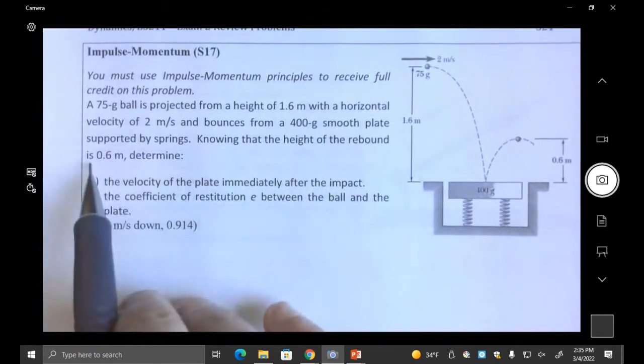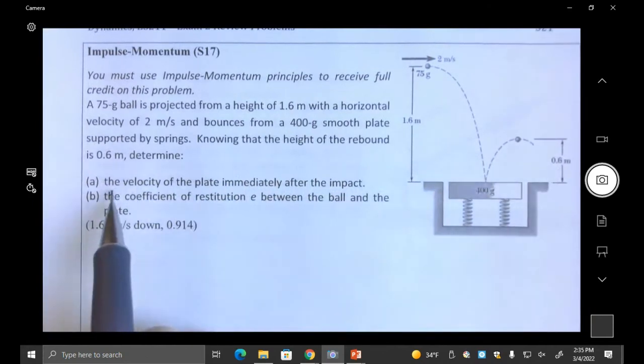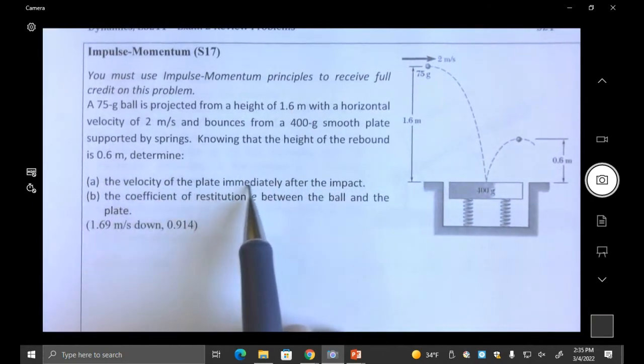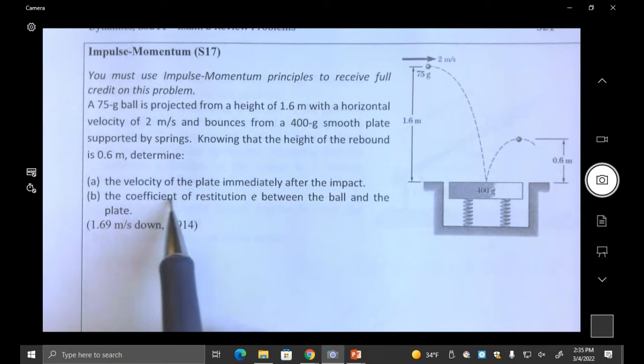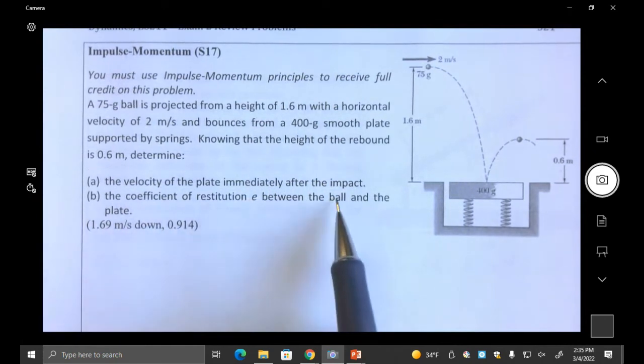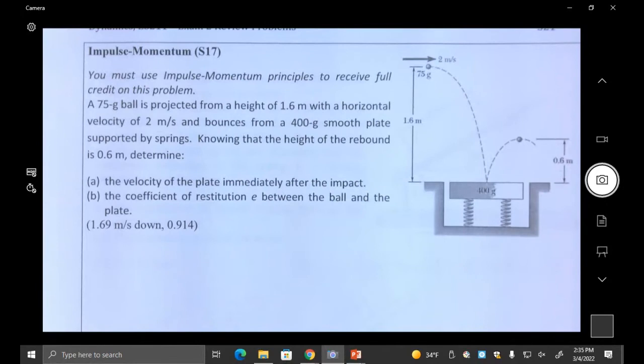Knowing that the height of the rebound is 0.6 meters, determine the velocity of the plate immediately after impact and the coefficient of restitution e between the ball and the plate. Interesting.